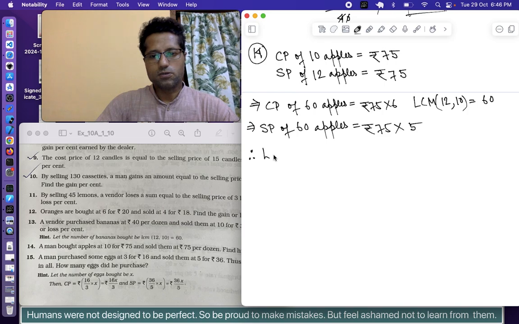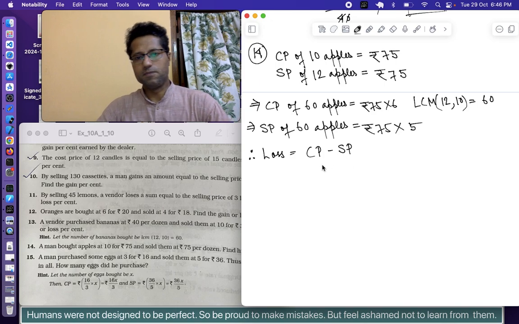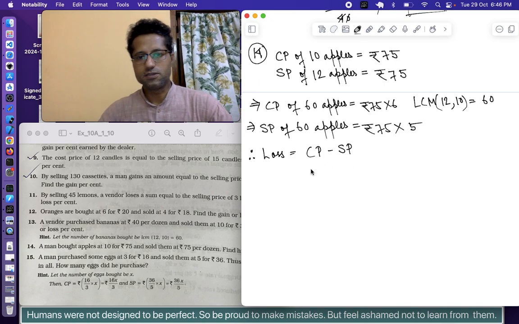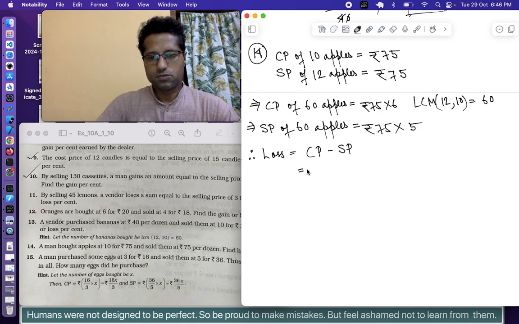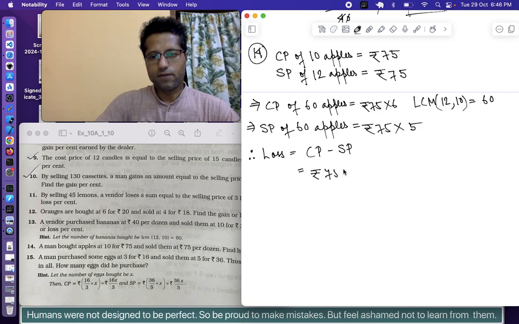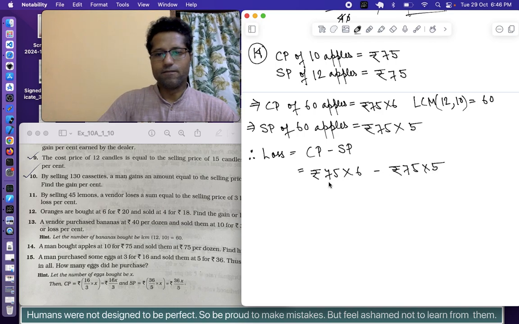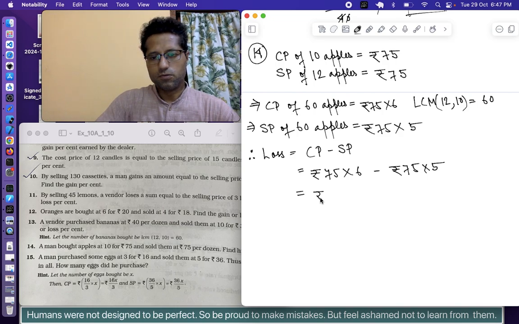Therefore, loss is equal to CP minus SP, and of course here CP means the CP of 60 apples and SP means SP of 60 apples. So this will be rupees 75 multiplied by 6 minus rupees 75 multiplied by 5. This is equal to rupees 75.